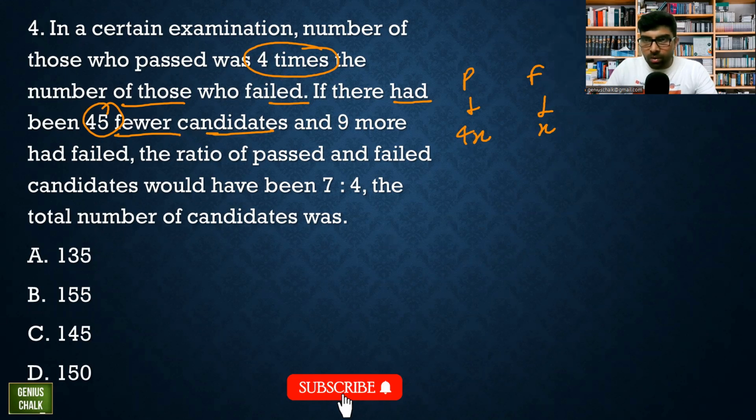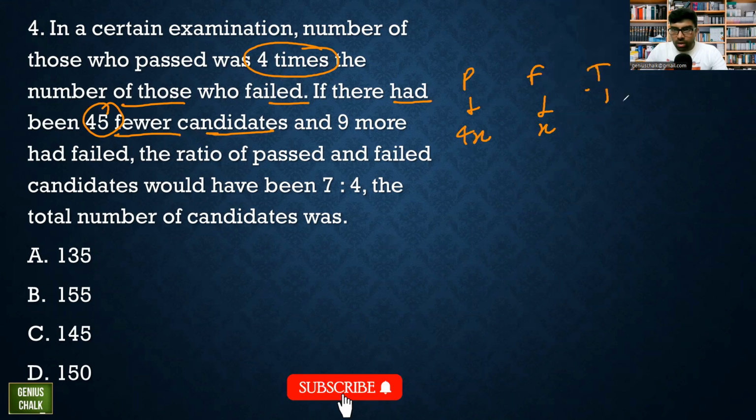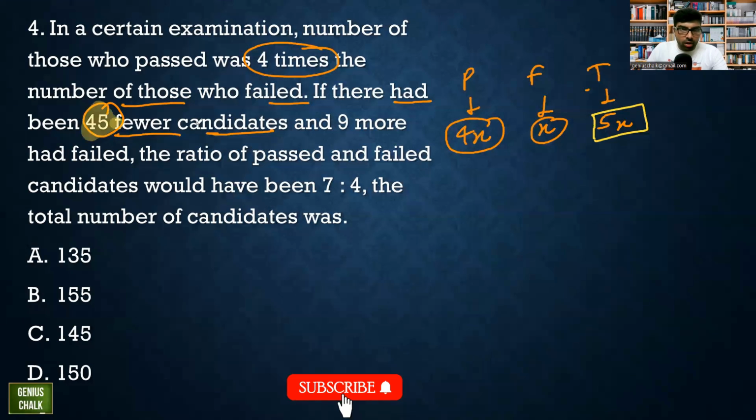Can I write about the total? What is the total? Total must be 5x, because 4x passed and x failed. So the total is 5x. Fine. Now what it says, if there had been 45 fewer candidates and 9 more had failed.